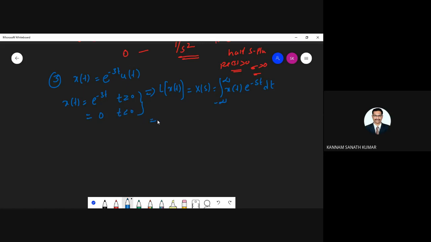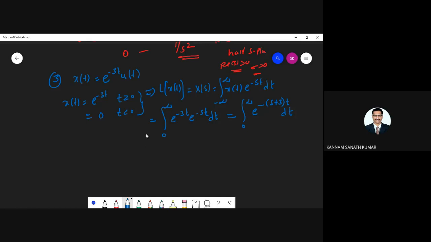The above function is defined between the limits 0 to infinity. So what is that function? e power minus 3t, e power minus st dt. So this you can write as the integration from 0 to infinity of e power minus s plus 3 into t dt.